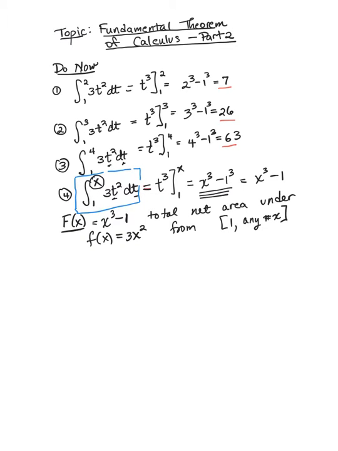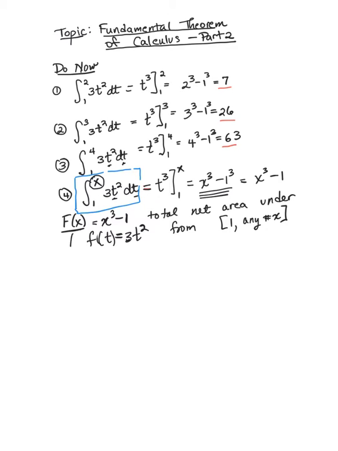Perhaps it would be easier if I call this f of t dt. So let me just correct that so we don't get confused. 3t squared. Okay, all right, so that really is basically the Fundamental Theorem of Calculus Part 2.